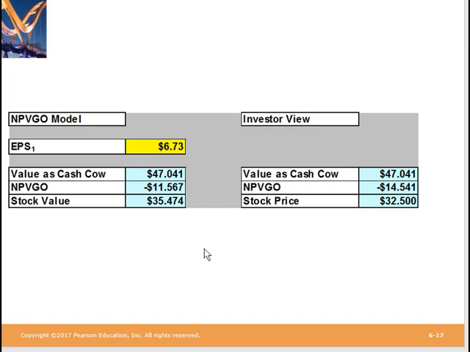So again, that's really the purpose of this net present value growth opportunity model, to try to understand what the marketplace, what do the numbers tell us about the company's prospects in the future? This particular model would show us that we would expect the stock price to decline in the future rather than increase. So those are the basic models of stock valuation.